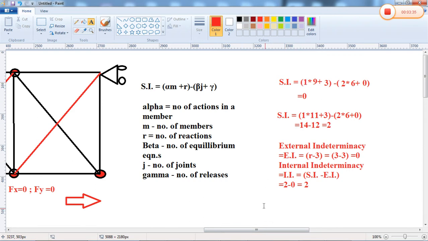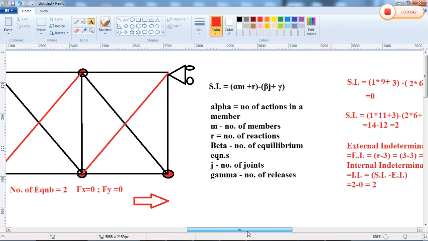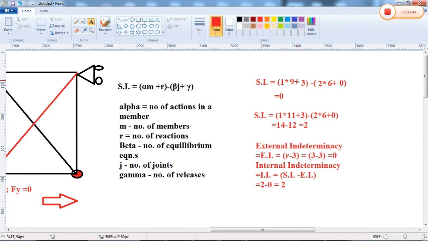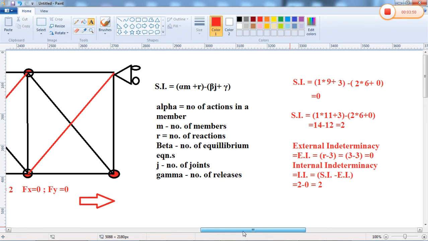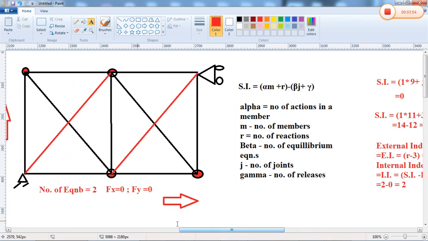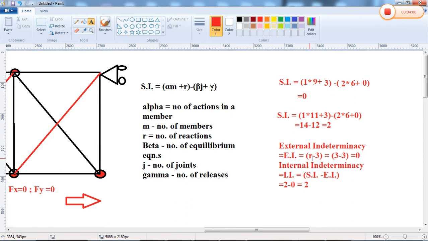Alpha is 1 here, because only the axial forces are acting, not the shear force and the bending moment, into m, the number of members, that's 9, plus 3, the number of reactions, 1, 2, and the third one here at the roller, minus beta.